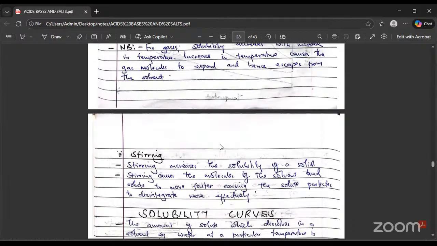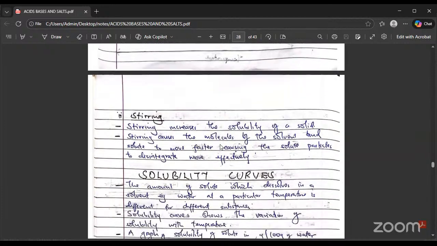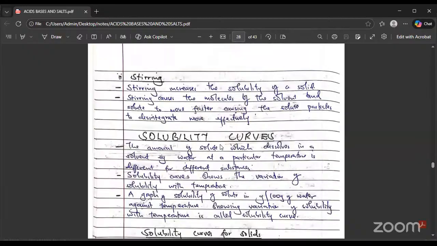Most of you, maybe because of hurry and understanding that temperature affects solubility this way, will shout or write very quickly that temperature increases solubility. But I've said for gases, it is the opposite. Actually, temperature does not increase what? Solubility of gases. It is the other way around. Now, we are okay up to there.